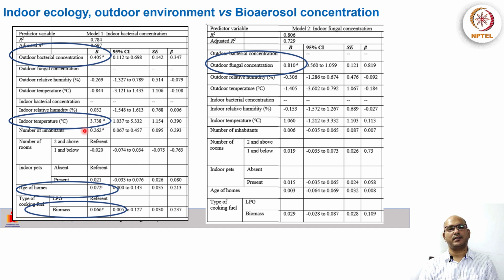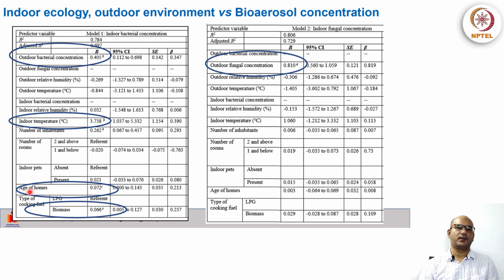The number of inhabitants in this study was not significantly correlated, and the number of rooms and the presence or absence of pets were also not significantly correlated. So they may have been sources, but not influencing the bacterial concentration very much. There was a significant correlation with the age of the house, because the older the house, the more bacterial growth it may have.